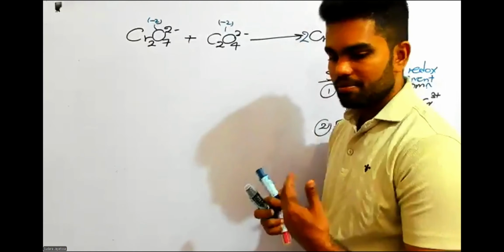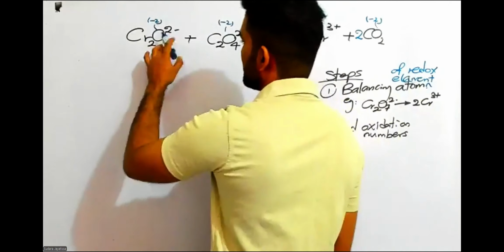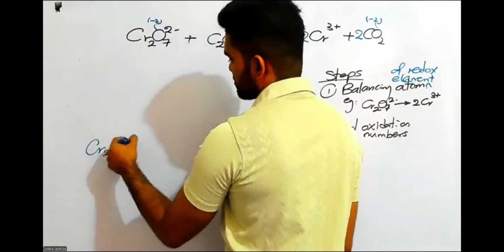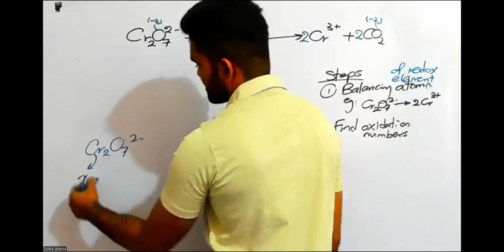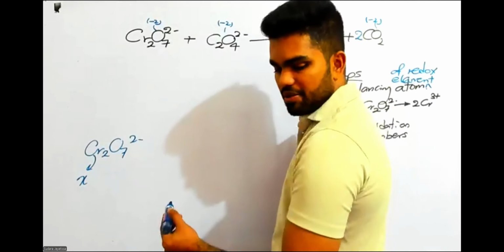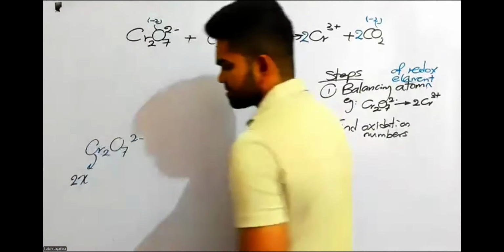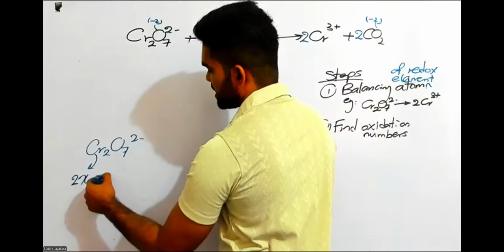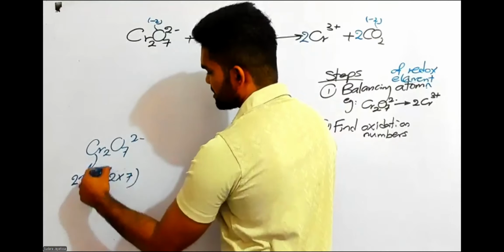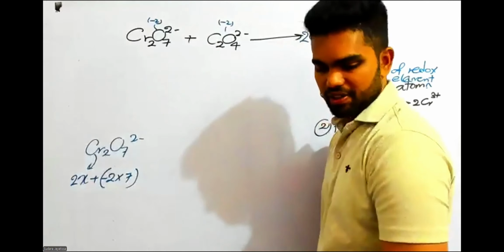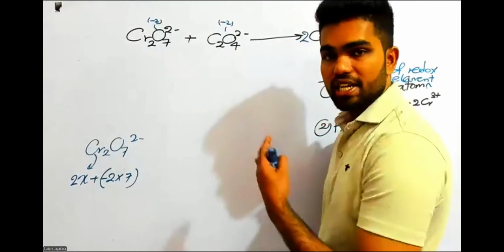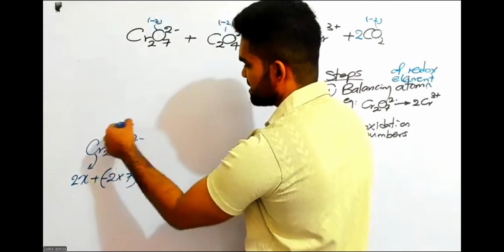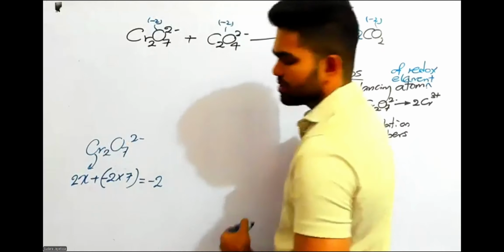So oxidation number sum. How do we get it? We don't know the oxidation number of chromium, so let's put that as x. Now there are two chromium atoms, so you have to say 2x, right? And then oxygen oxidation number is generally -2. There are 7 oxygen atoms, so -2 times 7. Now we added all oxidation numbers, and it must be equal to the charge, like I said. Charge here is -2.